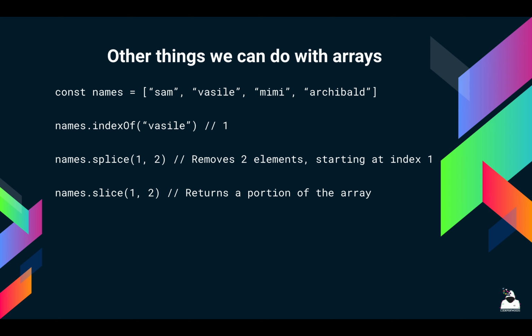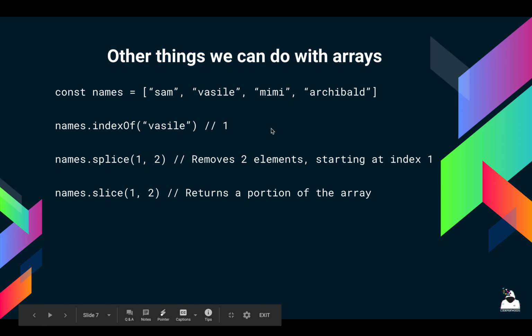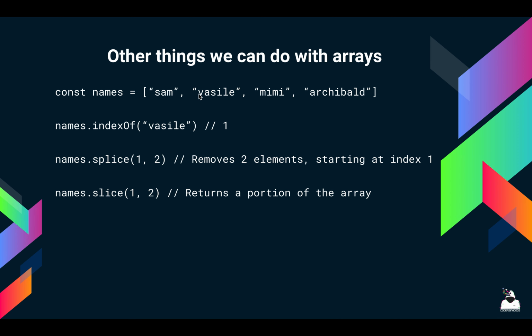So here we have a slightly longer version of our names array. We can find out the index of a value. Now, in this example, it's a bit silly because we've just hard-coded everything, and then we're hard-coding this, and we can kind of just see that Vasil is at index 1.